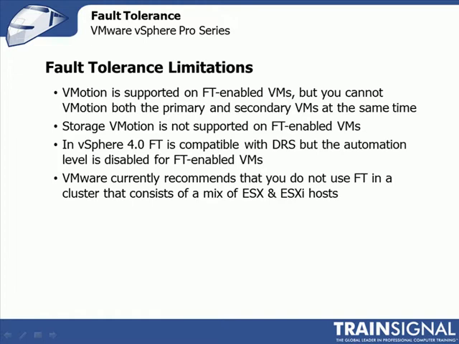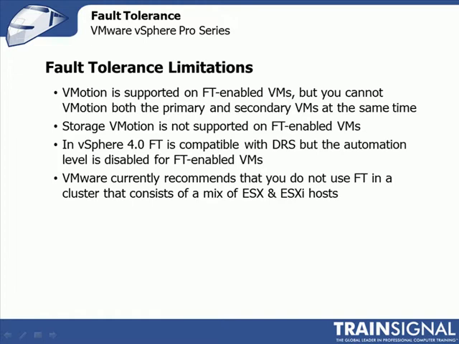VMware currently recommends that you do not use fault tolerance in a cluster that consists of a mix of ESX and ESXi hosts. The reason is that ESX hosts might become incompatible with ESXi hosts for fault tolerance purposes after they are patched, even when they are patched to the same level. This is a result of the patching process and will be resolved in a future release so that compatible ESX and ESXi versions are able to interoperate with fault tolerance, even though the patch numbers do not match exactly.